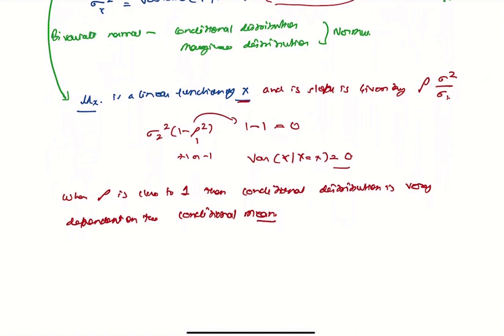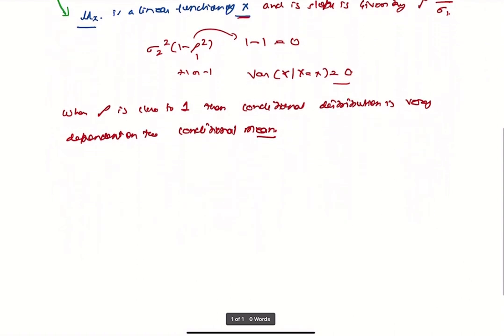They will not vary. Whatever the value of x is, the value of y will move in the same way for every value of x, and this is the mathematical explanation why that would be the case.